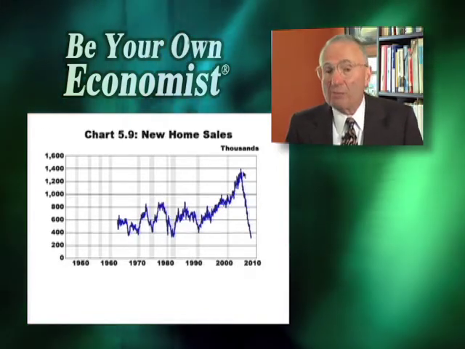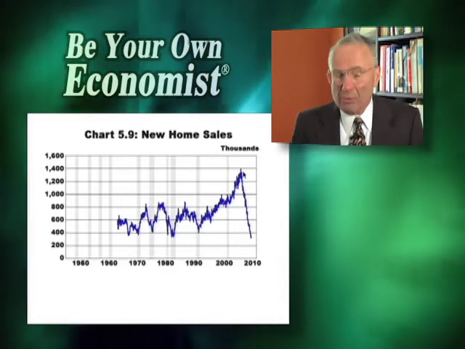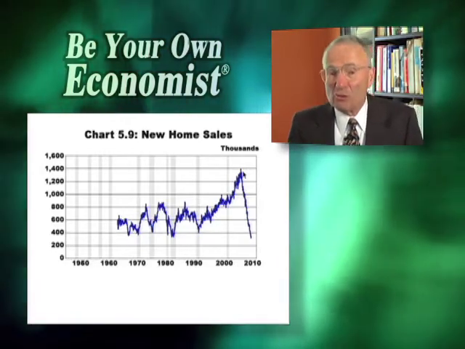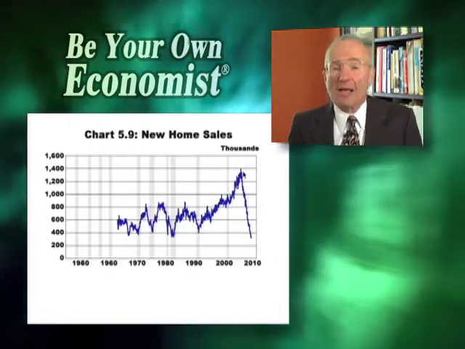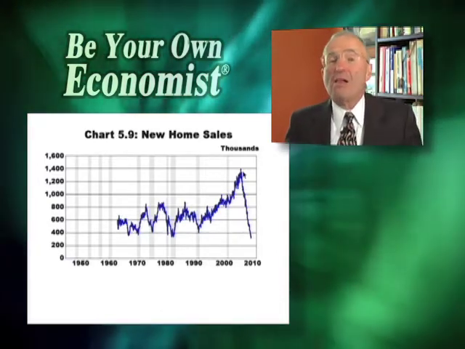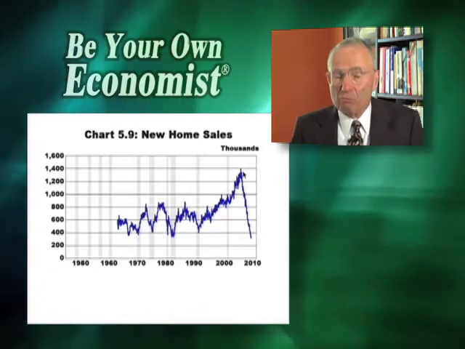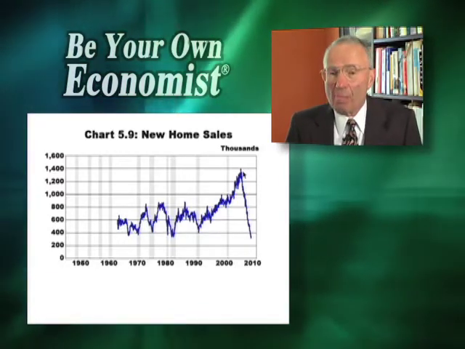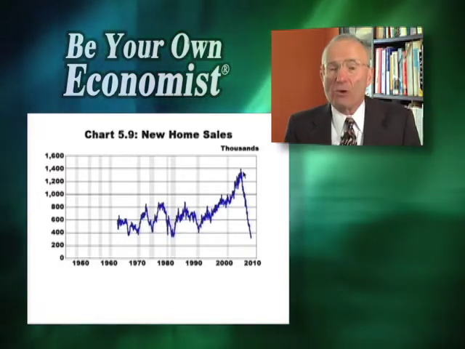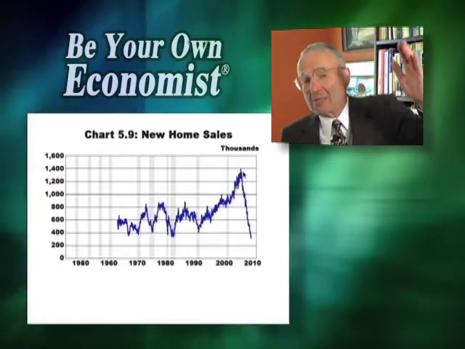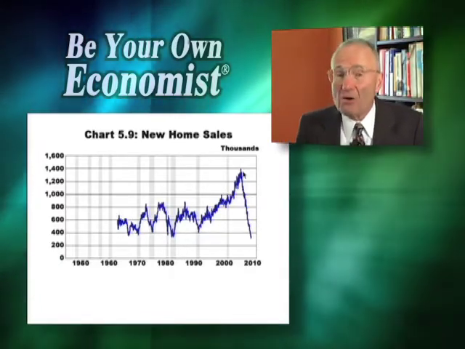Low interest rates inspired people, provided the incentive to go out and buy. And of course, as the prices got higher and higher, that created an asset inflation. People plunged in the real estate market, buying homes in order to take advantage of a future rise in home prices. Well, we all know what happened.